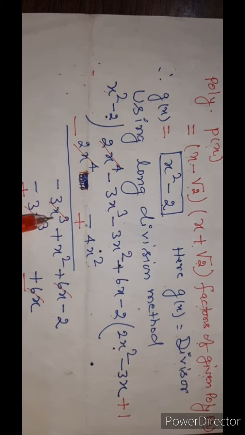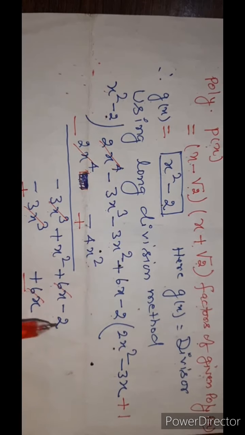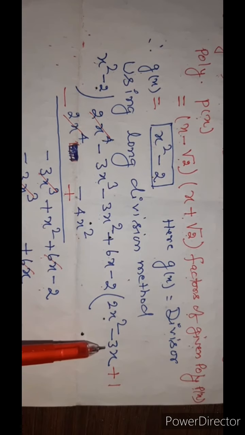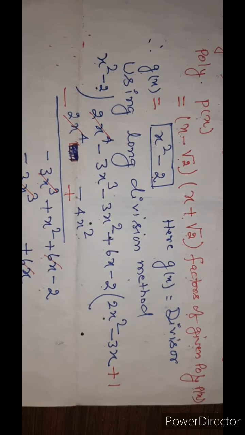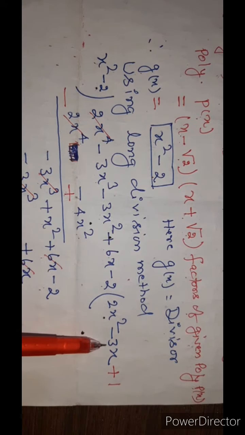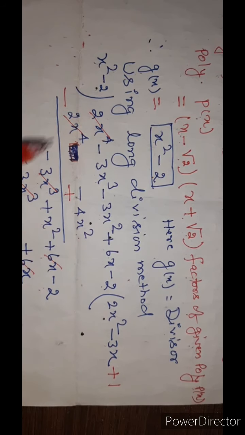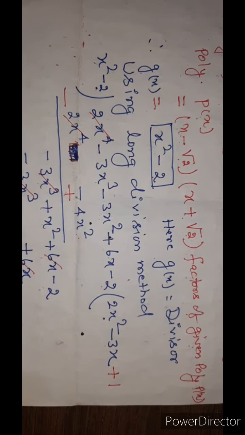Here minus 3x cube plus x square plus 6x minus 2. Again multiply minus 3x into x square, then it will be minus 3x cube. Again multiply minus 3x by minus 2, then it will be minus into minus, plus 6x. Again change the sign here, this will be plus, here will be minus.